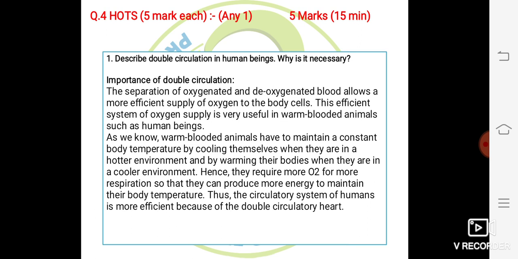This efficient system of oxygen supply is very useful in warm-blooded animals. Thus the circulatory system of human is more efficient because of double circulation, because oxygen is given to the body in a higher amount. So this is how you are expected to write the answer for double circulation in human being.